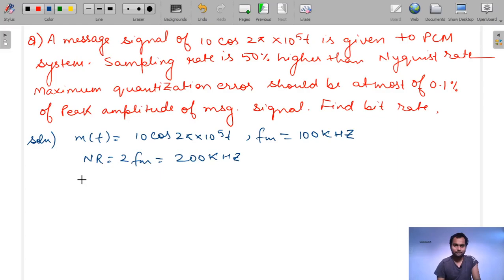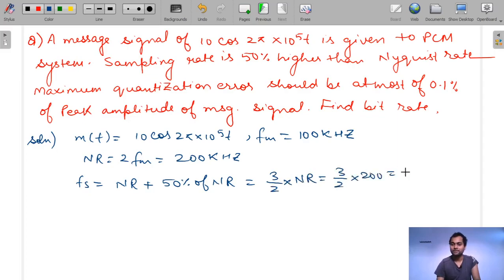So the sampling rate, that is fs, is equal to 50% higher than the Nyquist rate. So Nyquist rate plus 50% of Nyquist rate, so it will be 150% of Nyquist rate, so it will be 3 by 2 into Nyquist rate. That is equal to 3 by 2 into 200, so it will be 300 kilohertz. So this is our sampling frequency.